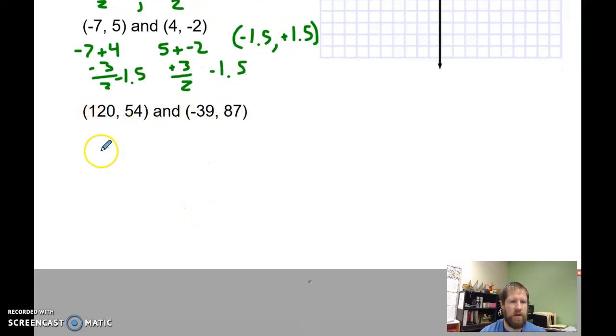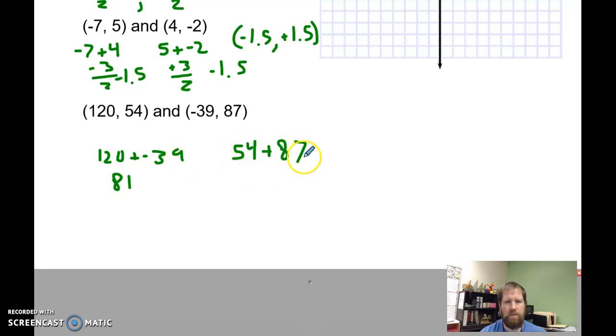Let's do this one real quick. I've got 120 plus a negative 39, and I've got 54 plus 87. 120 minus 39 should be 81, because 120 minus 40 would be 80.